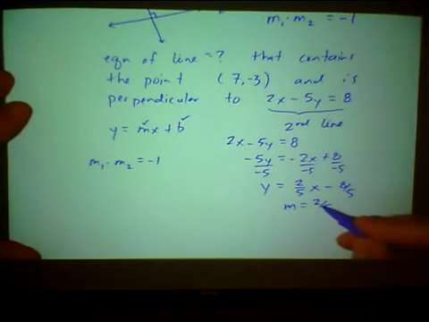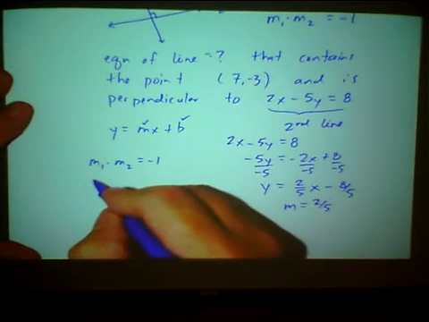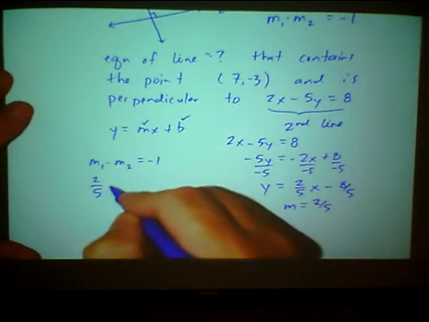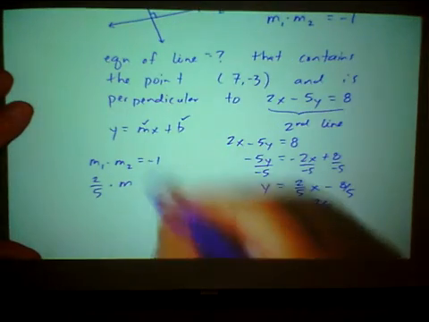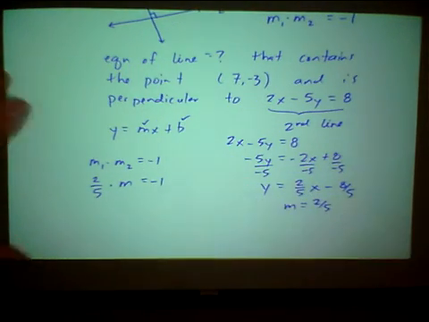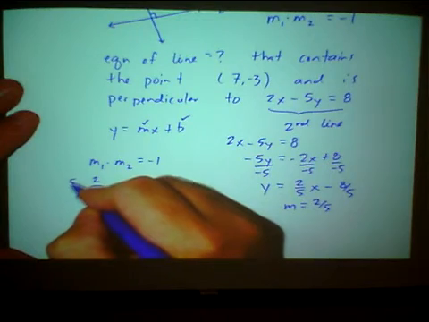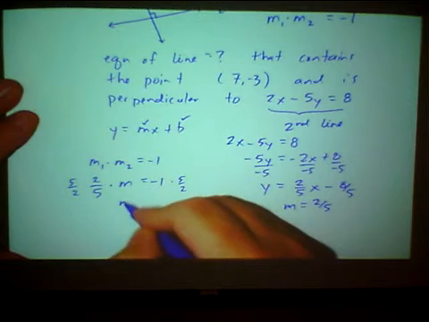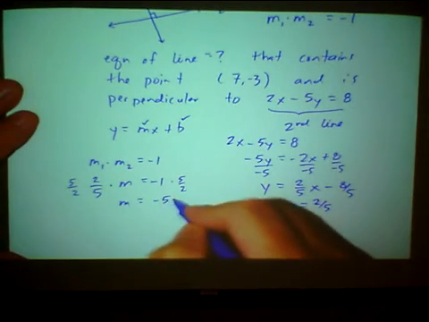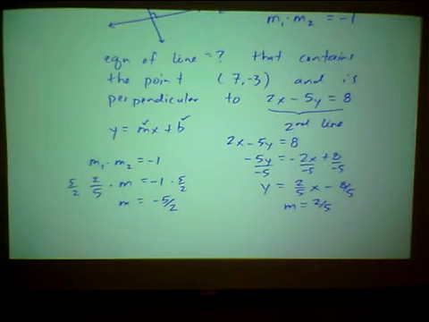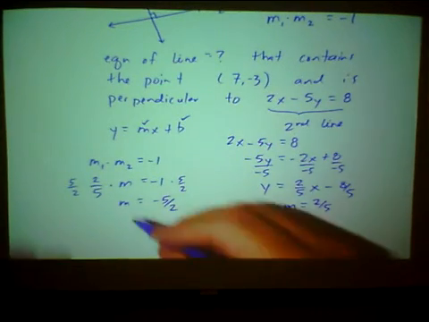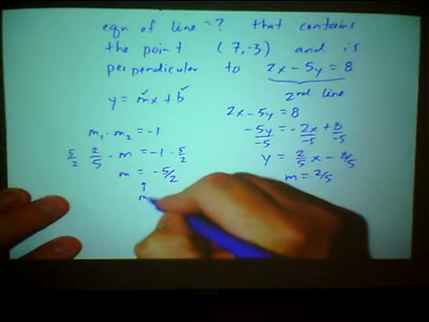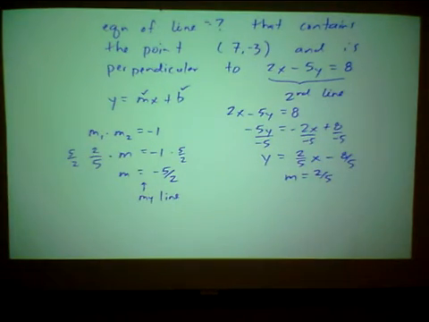So I'm going to put in the slope of this other line, and I know if I multiply it by the slope of my line, it equals -1. And now I can solve for m, and this m here will be the slope of my line. So I'll multiply both sides by 5/2 in order to solve for m. So I get m equals -5/2. So that's now the slope of my line. My line has a slope of -5/2.